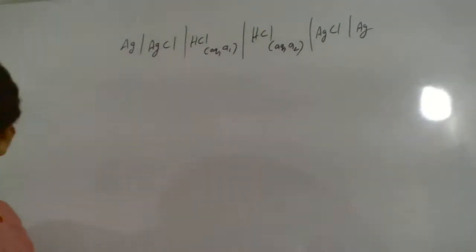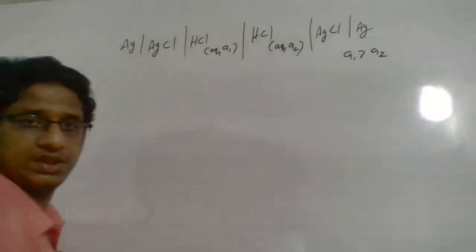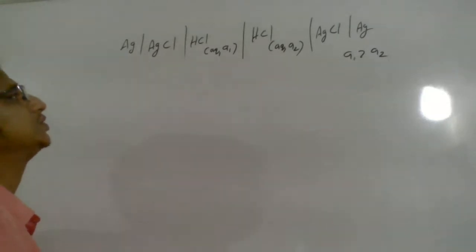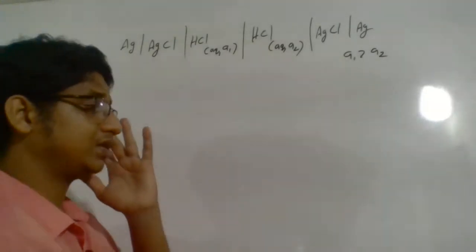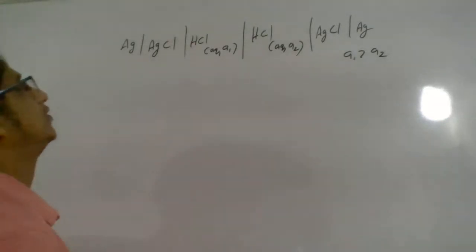So these are two electrodes in contact with electrolytes of different concentration, where we have taken a1 greater than a2. This is the silver electrode, which is reversible with respect to the anion.